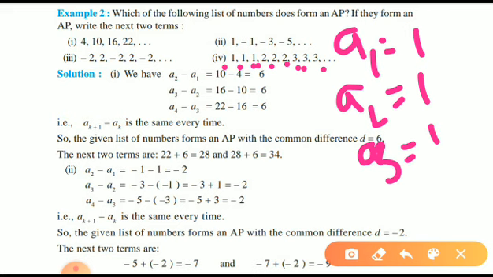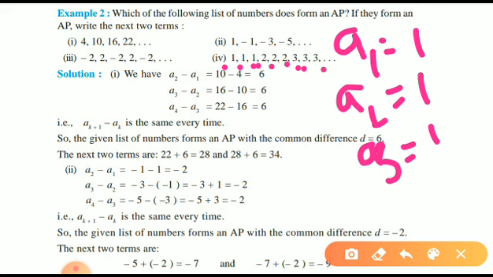As usual, if I find A2 minus A1, that is 1 minus 1, which equals 0. Again, A3 minus A2 will be 0 itself. Yes, 1 minus 1 is 0.